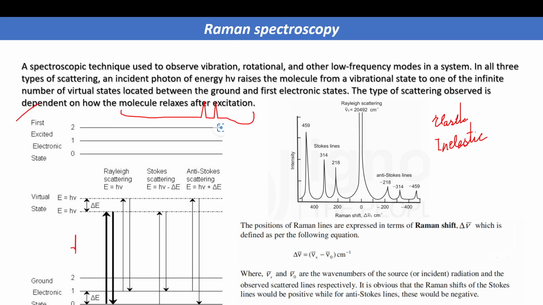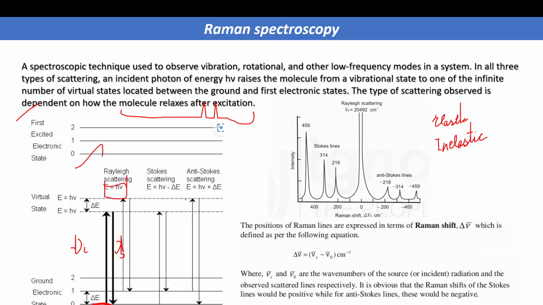Suppose upon excitation the frequency is mu i, and when it returns to the ground state and relaxes to the same energy level, the frequency is mu s. Then the scattering is called Rayleigh scattering. In that case, E is equal to h mu.